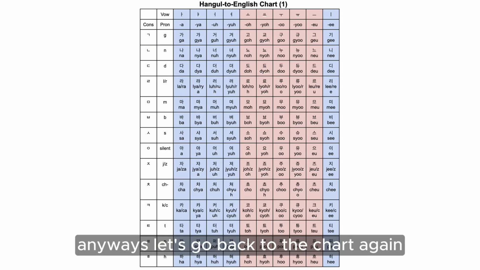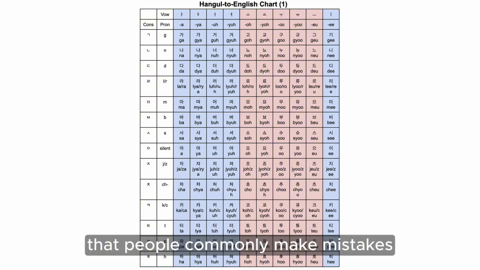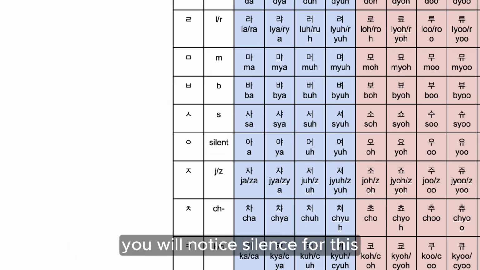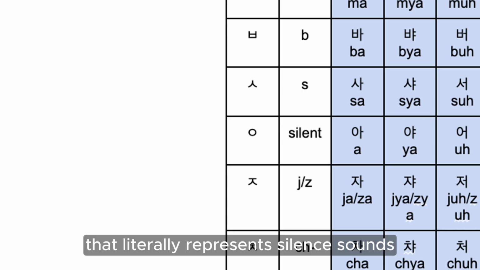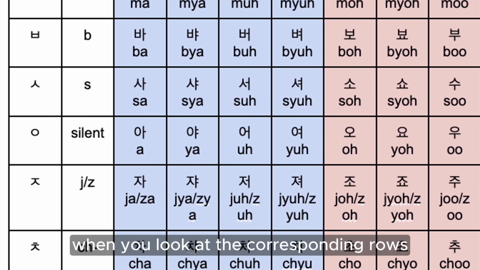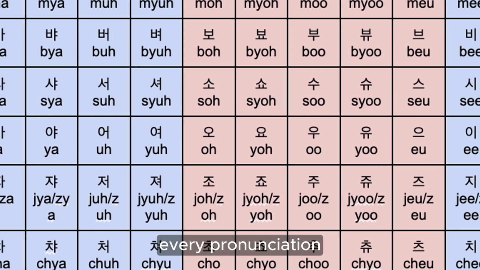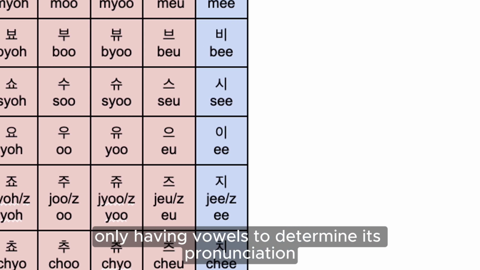Anyways, let's go back to the chart again and look at some confusing pronunciations that people commonly make mistakes on. If you look at the consonant part, you will notice silence for this. This is a special consonant in Hangul that literally represents a silent sound. It will be more straightforward when you look at the corresponding rows. Every pronunciation doesn't have any consonants involved, only vowels to determine its pronunciation.